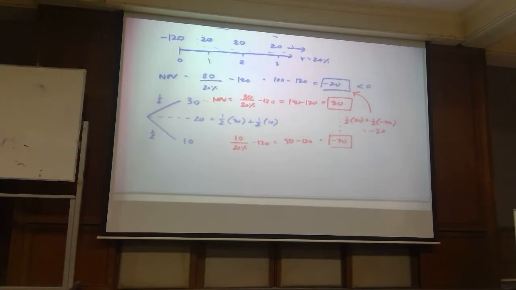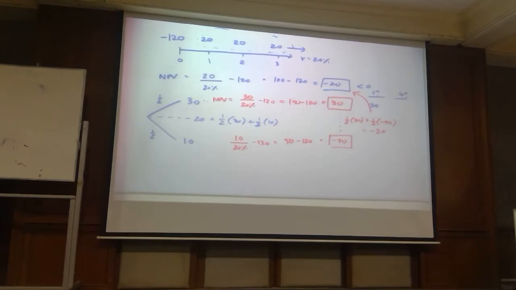So our modification over here is going to be, if I have one hotel, my choice here is going to be, do I want to have one hotel or do I want to have 10 hotels? If I have one hotel, I can have NPV of 30.